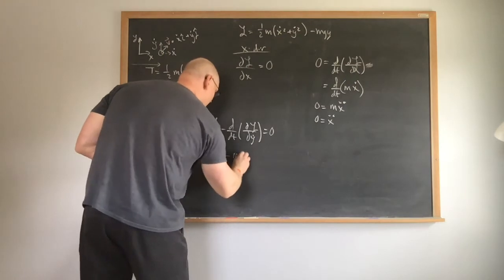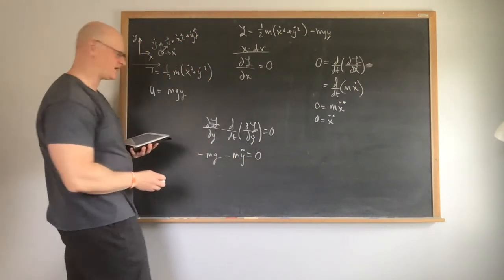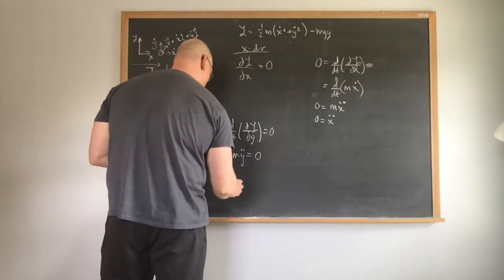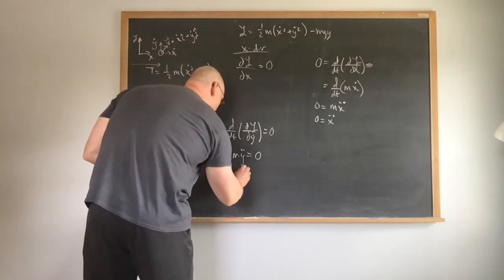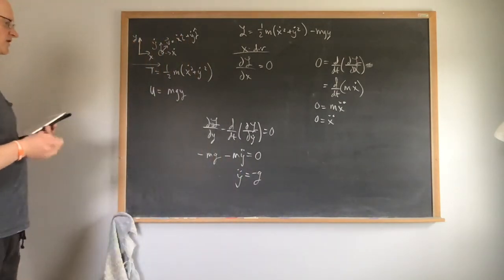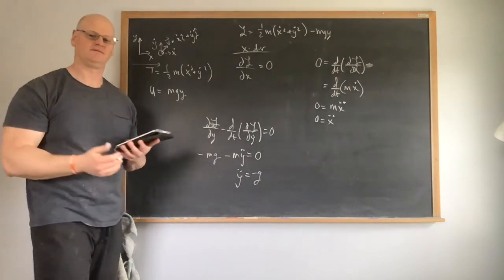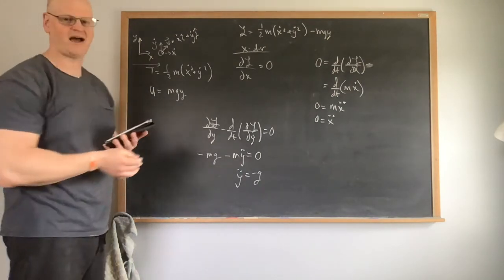This is then m y double dot equal to 0. The m's are going to cancel, so y double dot is simply equal to minus g. So the only acceleration that this thing is feeling in the y direction is the acceleration due to gravity, which again has to be true. We already knew that.